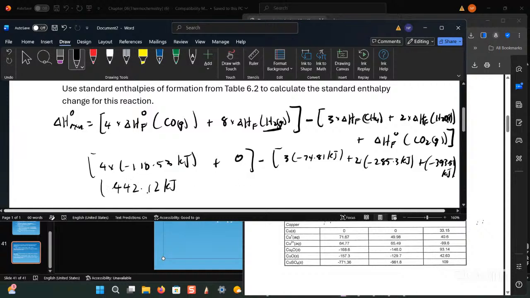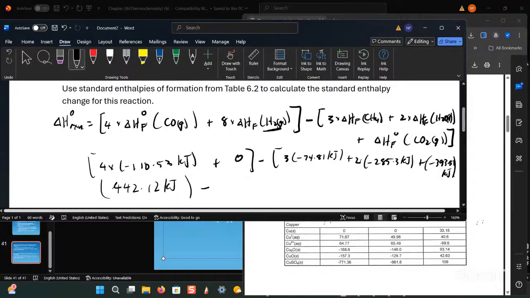Then on the other side, I'm going to work out the rest of this. This will be 3 times minus 74.81, and then I'm going to add to that 2 times minus 285.3, and then add to that minus 393.5.